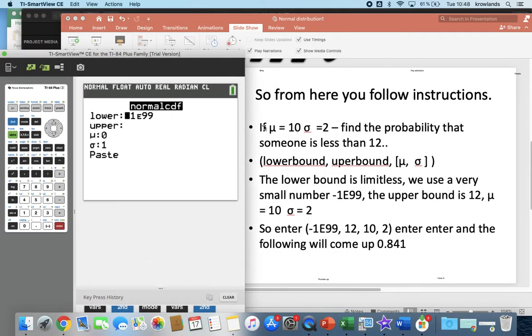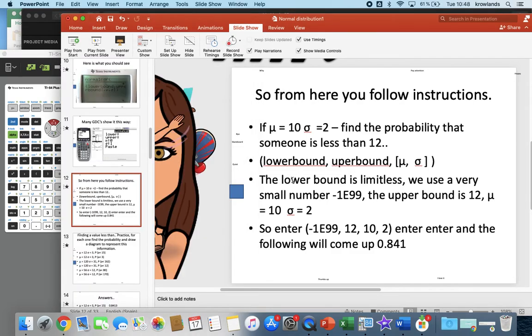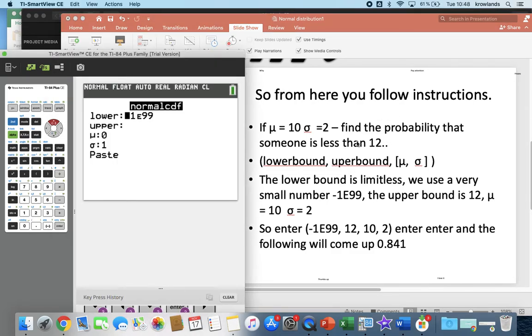So let's have a look. If mu is 10, let's change that to 10. Before it allows us to change mu and standard deviation, we need to alter the lower and the upper bounds. So the question is, find the probability that someone is less than 12. Now, this could represent any set of data, not just height.